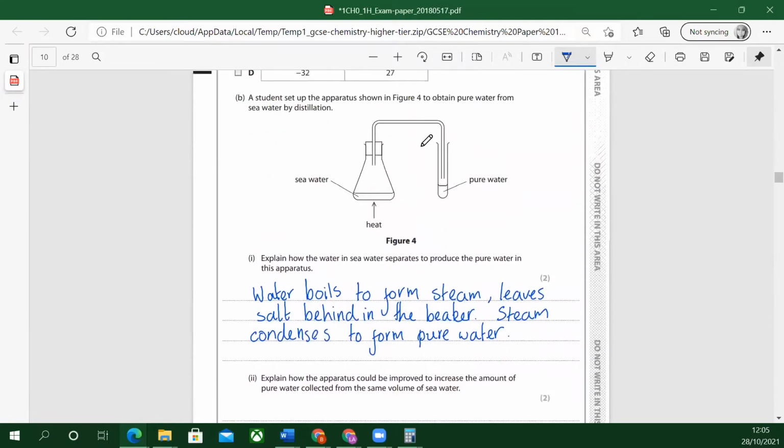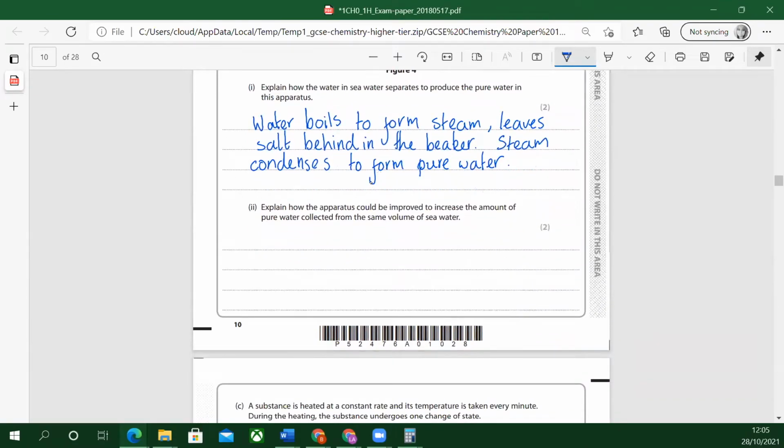What you could do is wrap the delivery tube with cold water or ice, to make it condense faster and better, more efficiently. And you just have to explain it, to increase the amount of condensation.